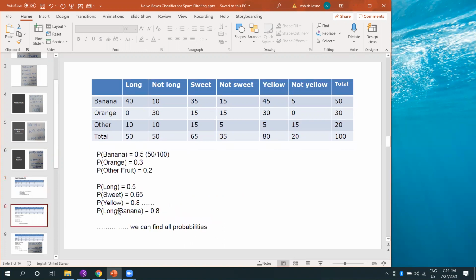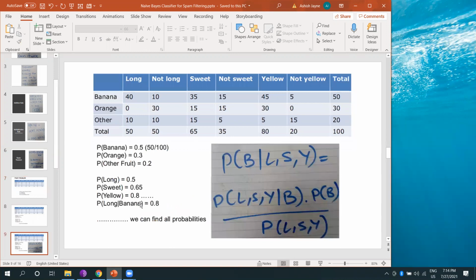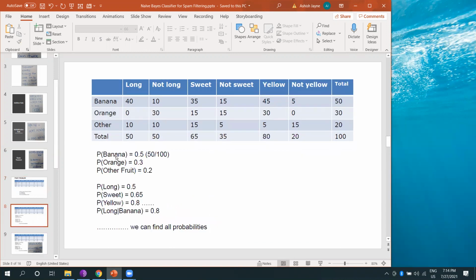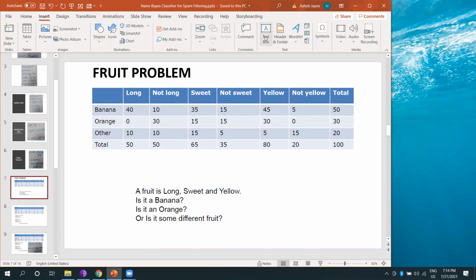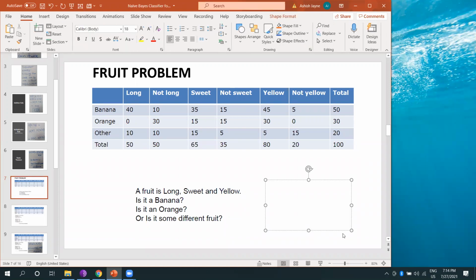The way we do it is that we find out some probabilities before getting into actually solving the problem of finding the proof that it is a banana. And I write it down for you. The thing that we have to find out is this: P(banana given that it is long, sweet, and yellow).